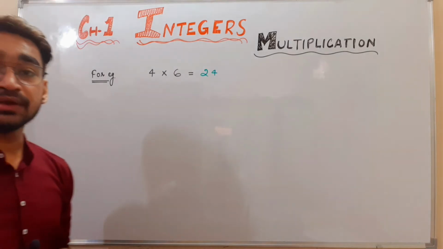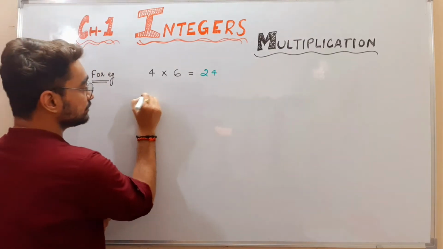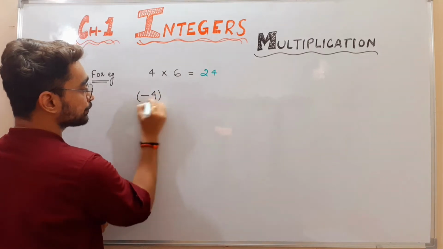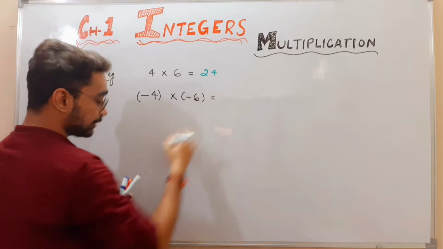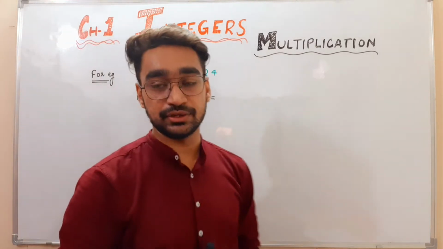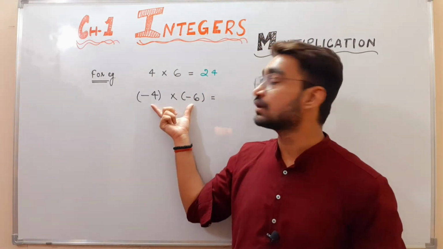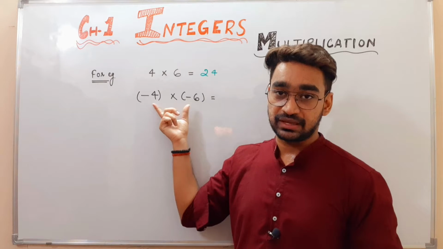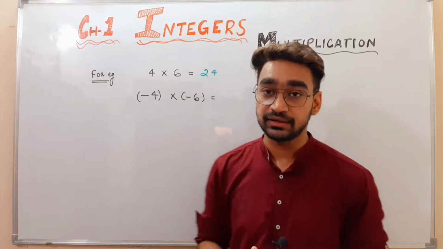But what will happen if both numbers are negative? If it is minus 4 multiplied by minus 6, then what will happen in that case? Similar to addition and subtraction, do you remember, if both numbers are negative, we add them.